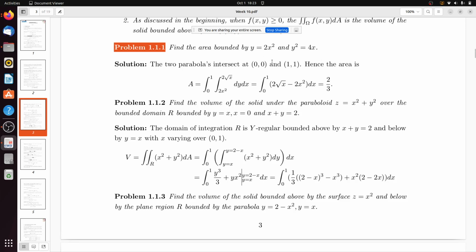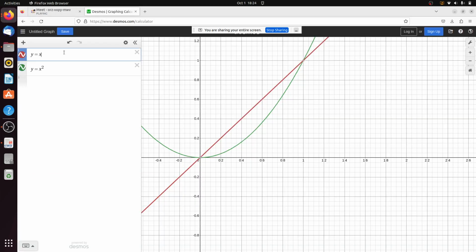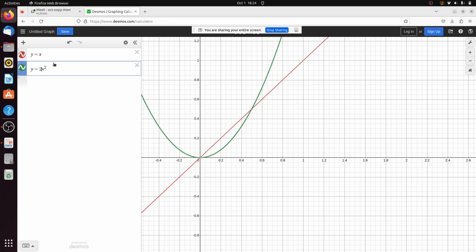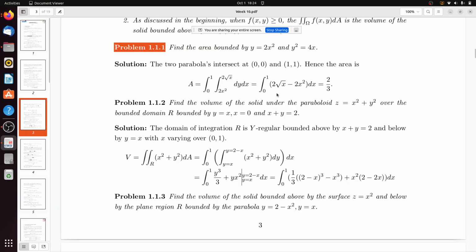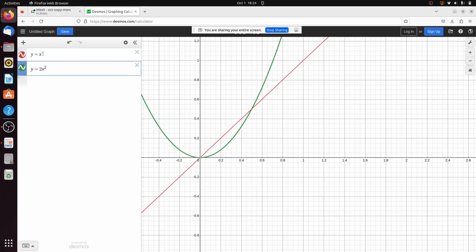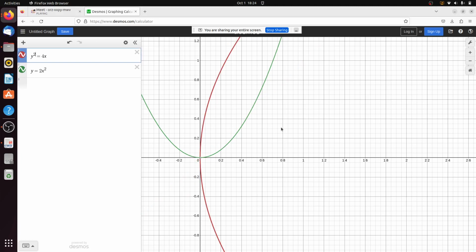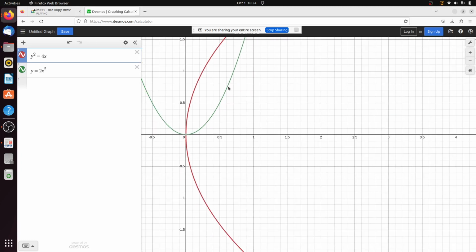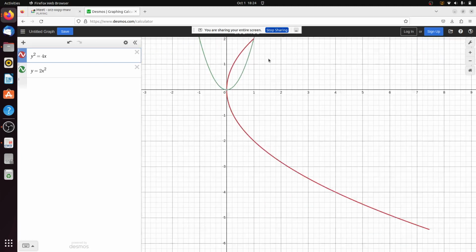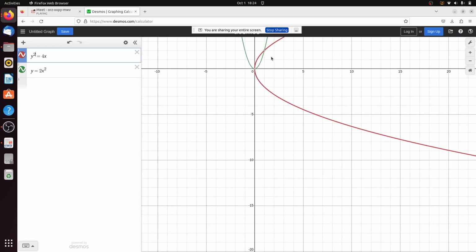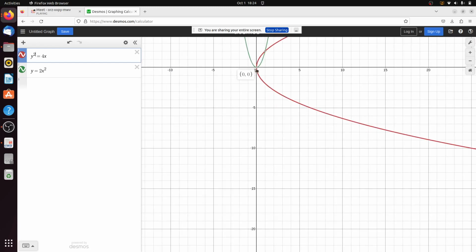I am just plotting y equal to 2x square and y square equal to 4x. So they are the two parabolas. See how the parabolas are looking. So this is your domain of integration.